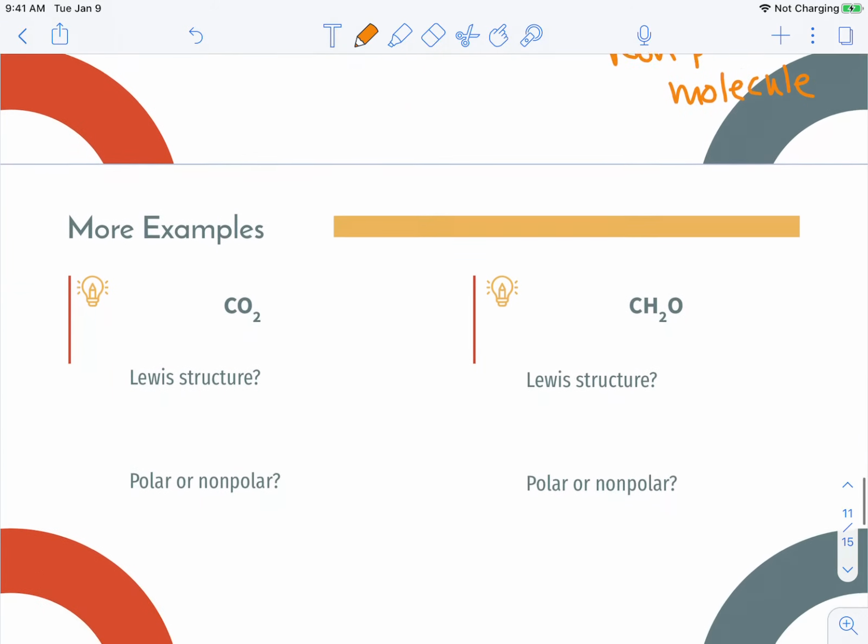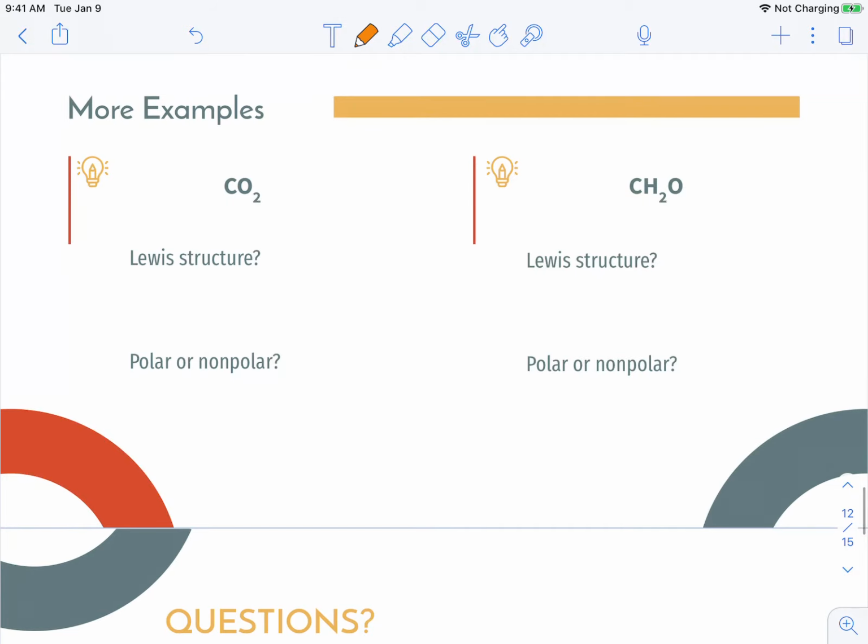Let's look at a few more examples, okay? Carbon dioxide. So we draw out the carbon dioxide structure. Carbon has 4 valence electrons. Oxygen has 6, so we have a total of 16 valence electrons. Carbon goes in the middle, oxygen to the sides. We fill up our valence shell, but carbon's not happy, so we take 2 electrons from oxygen there and 2 from oxygen here.